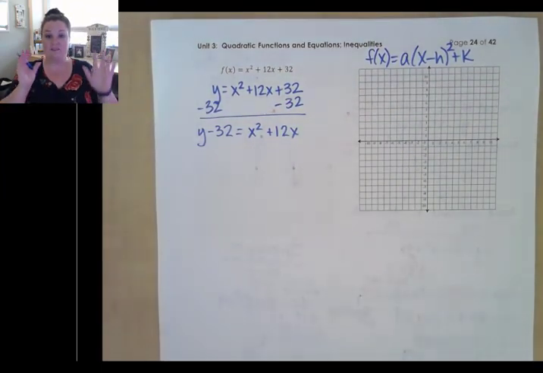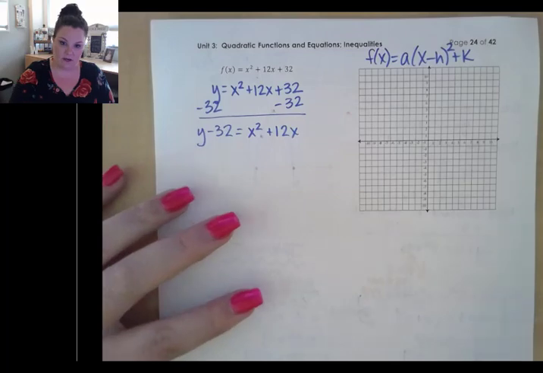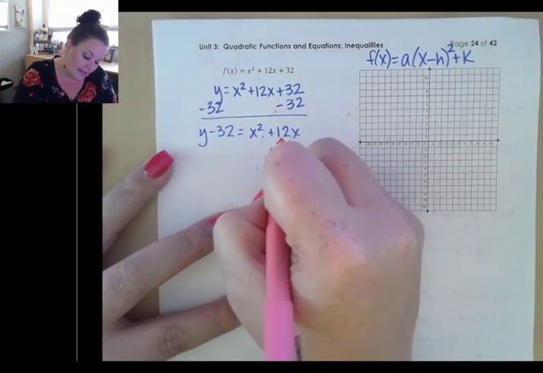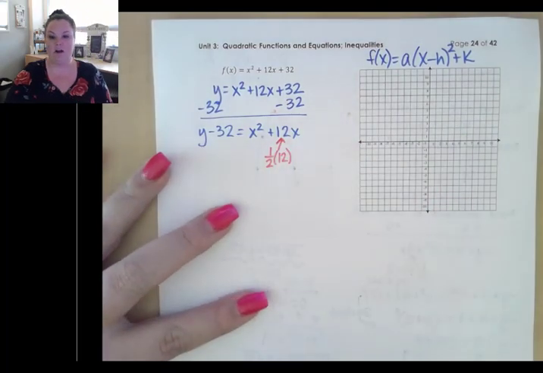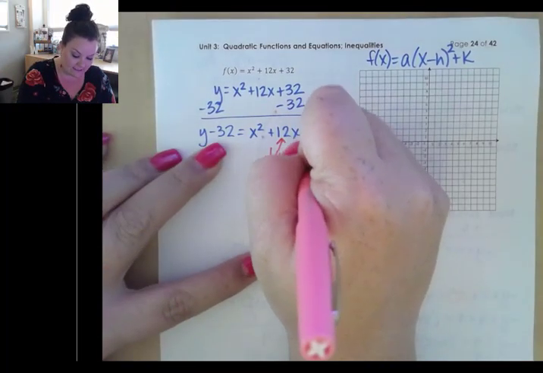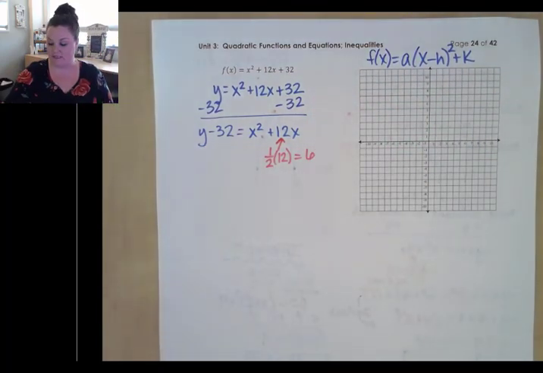Okay, so now that I've got all my x terms isolated and my leading coefficient is 1, I'm ready to complete the square. So I look at that x term coefficient and take half of it. Half of 12 is 6. So 6 is going to be the number that I square and add to both sides.